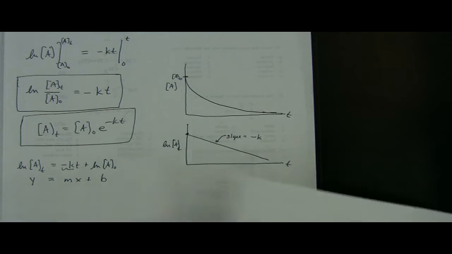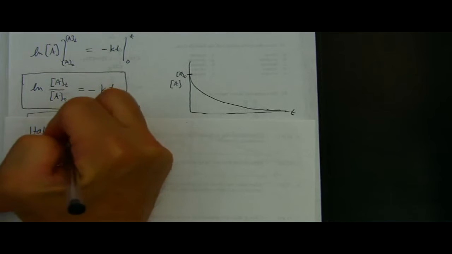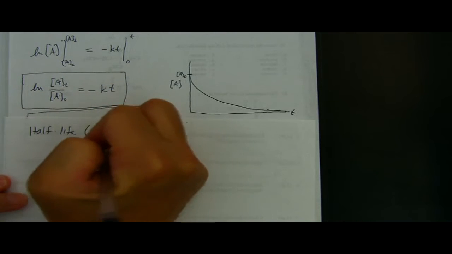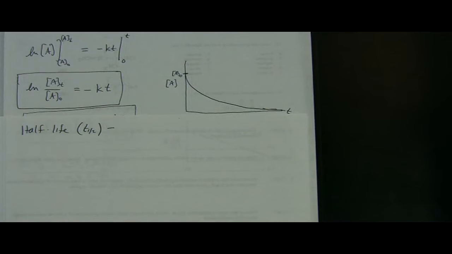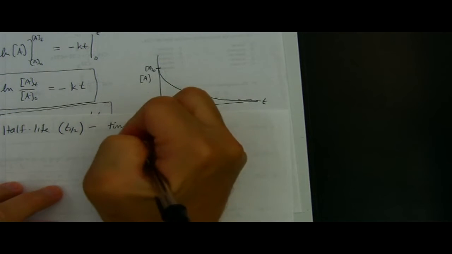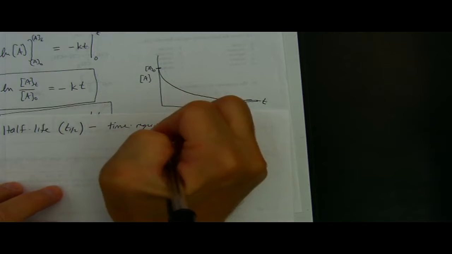Something called the half-life, with the symbol T1/2. Anybody know what the half-life is? Yes? That's the time taken for a radioactive material to decrease in mass by like a half.